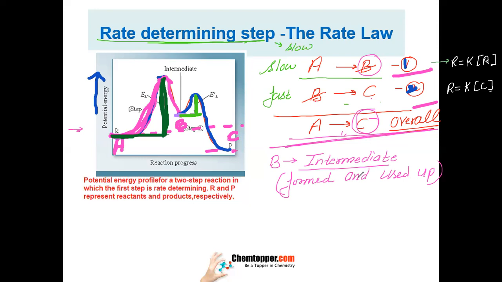So remember this. What is the rate determining step? The rate determining step from the elementary steps is the slowest step, the step which is going very slowly. So A to B is the rate determining step.